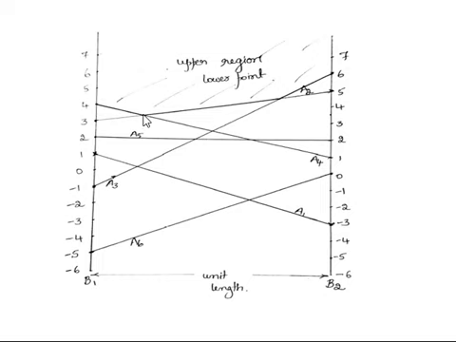Once again I find an intersection point, I stop here and change my direction. I find another intersection point, stop and change direction, and once again stop here and change direction. This will be my upper region, and if I try to find the lower point, this will be my lower point.